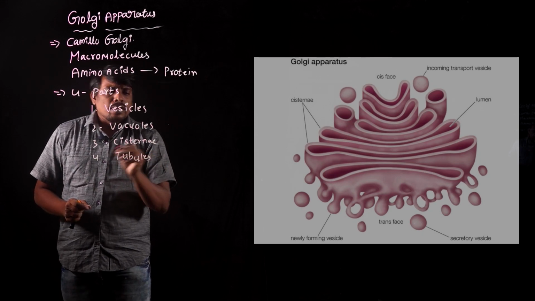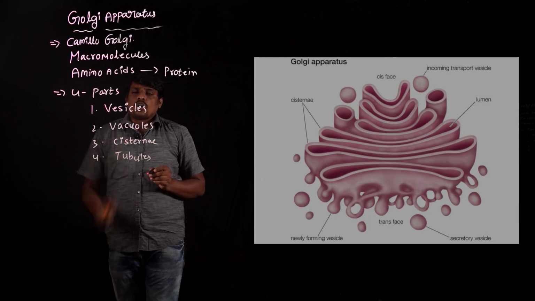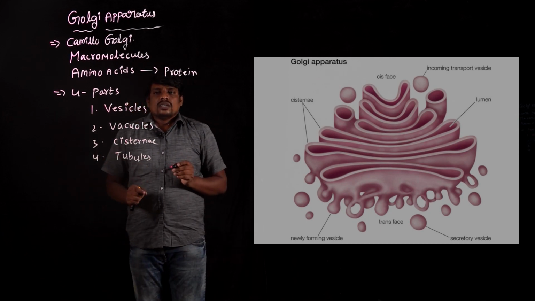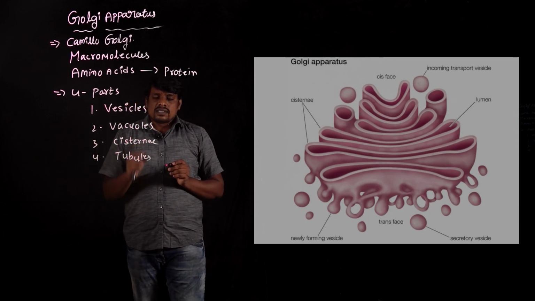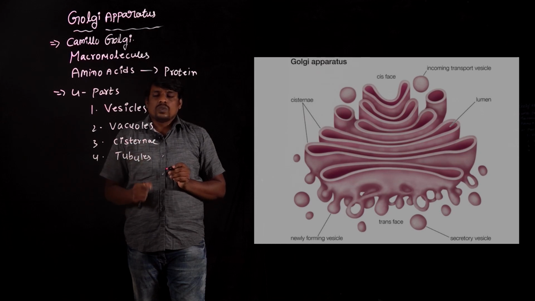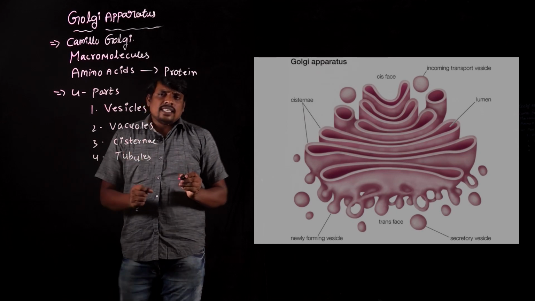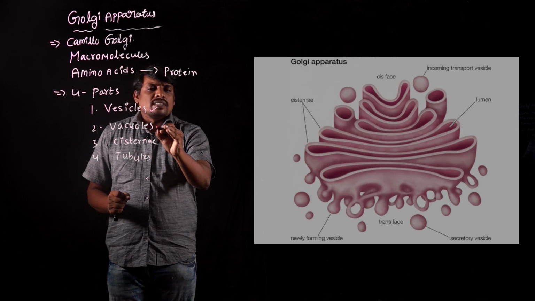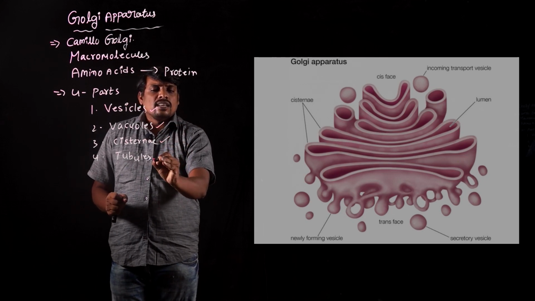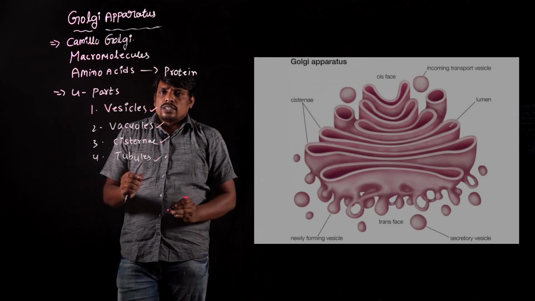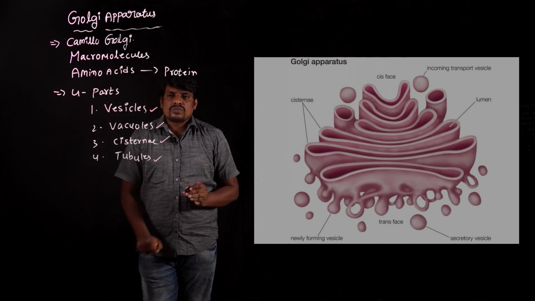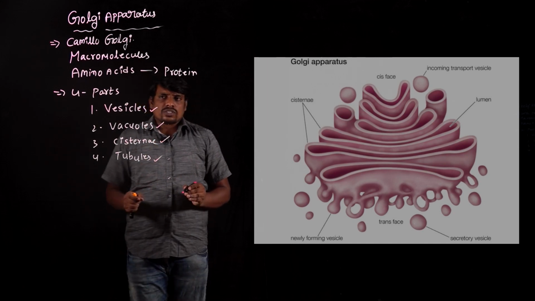So the four major important structures of the Golgi operators are vesicles, vacuoles, cisternae, tubules. Okay. So the vesicles, the vacuoles, the cisternae, and the tubules do have certain kinds of functions. Let us see what those functions are.